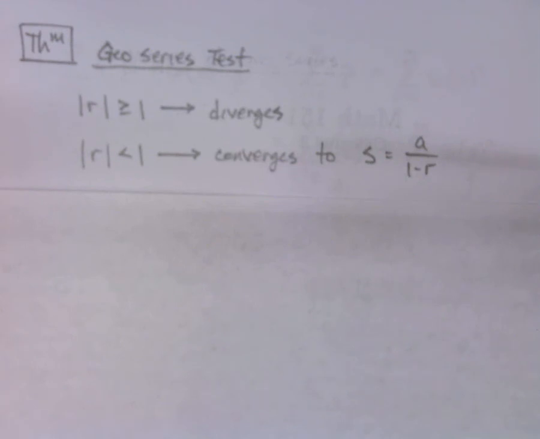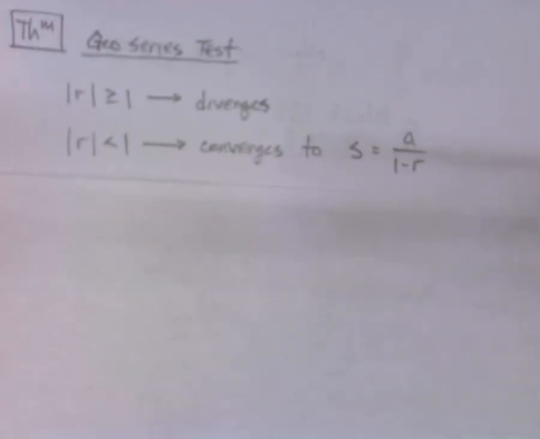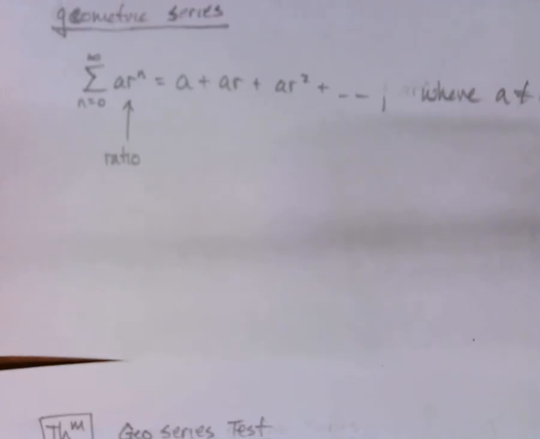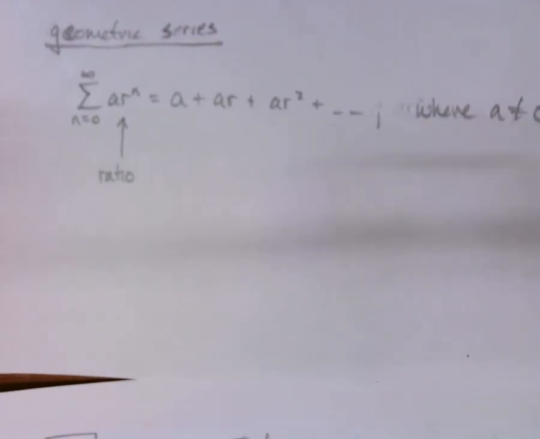Well, if your common ratio r is greater than or equal to 1, it probably doesn't take a whole lot to realize that that sequence would diverge. So if your r is bigger than or equal to 1, those terms are going to add up to infinity.